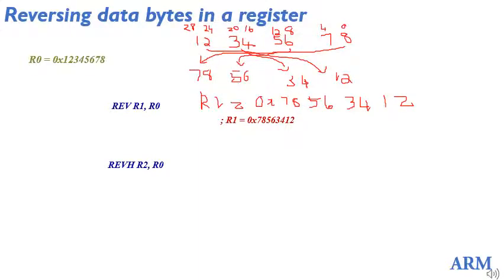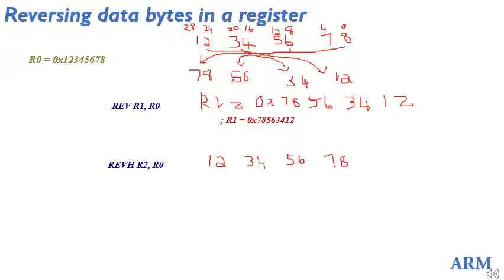is REV16, which is written as REV16 R2, R0. So again I have reproduced the value of R0 by separating each byte: 1 2, 3 4, 5 6 and 7 8.